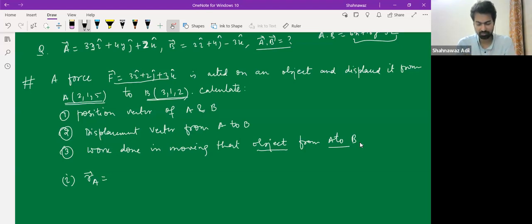Faf, what did you ask? No, sir, I didn't ask. Then you tell me what is the position vector of A. You remember or you forgot? So this is the position of A, right? You have to write the vector from that coordinate. And this we discussed, right?